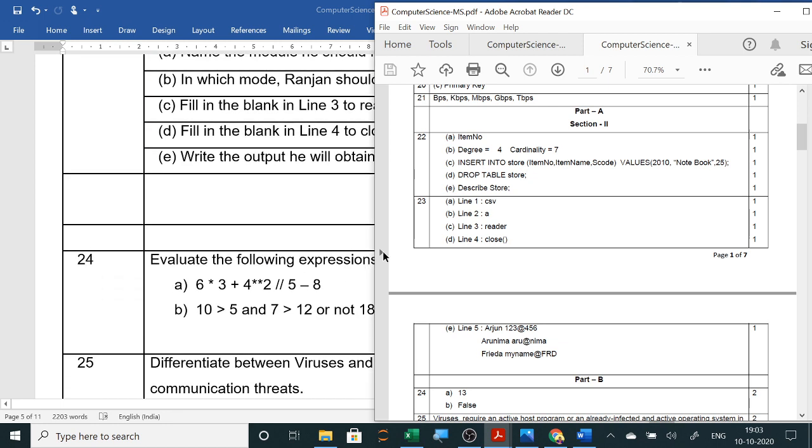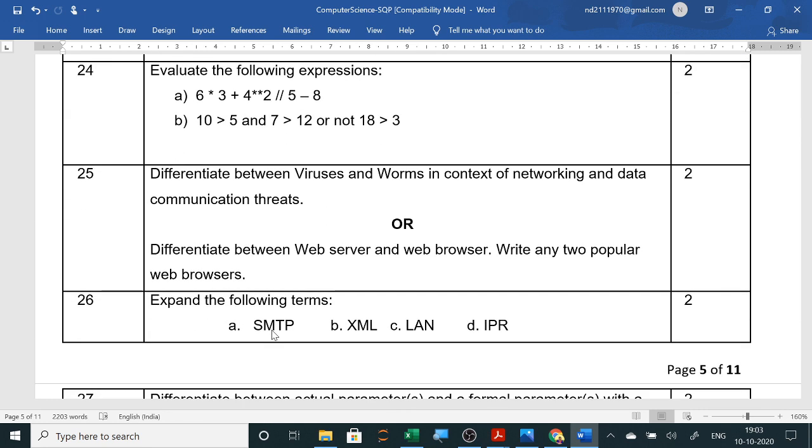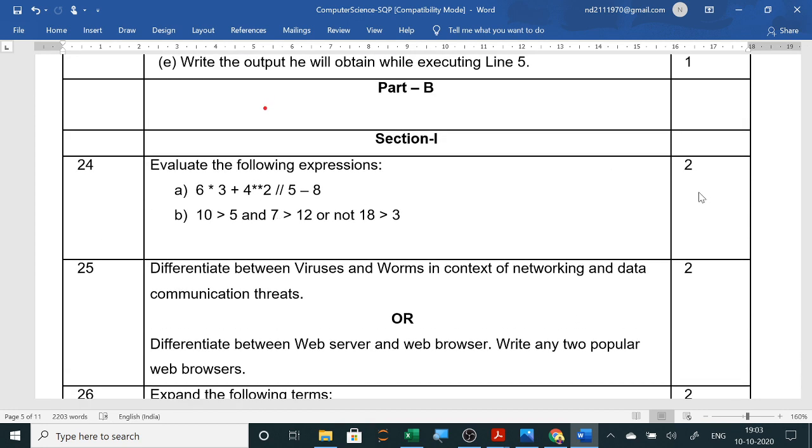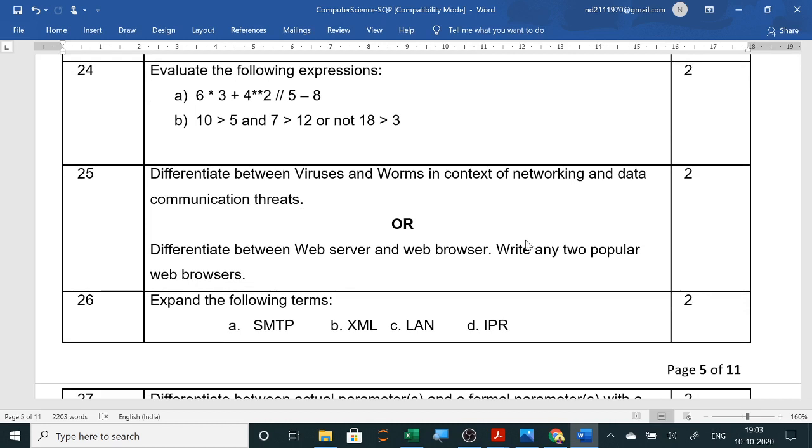Now next is part B. This is the descriptive part, in which 3 sections are given. Section 1 is of 2 marks each, and here 10 questions are there, where only 2 questions, 25 and 27, have an internal choice.